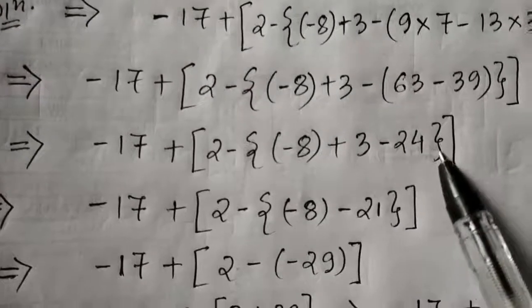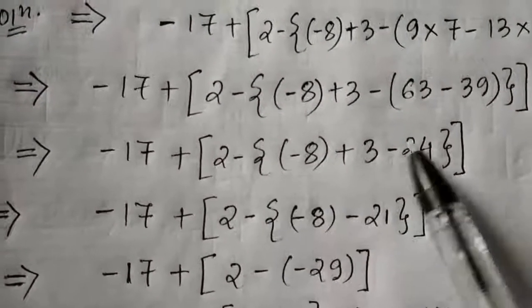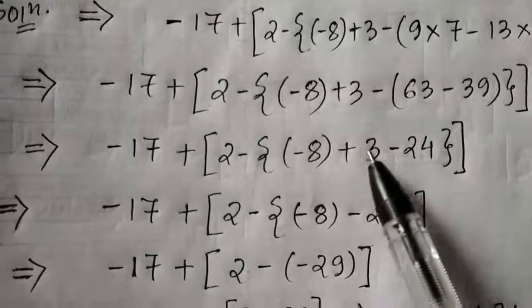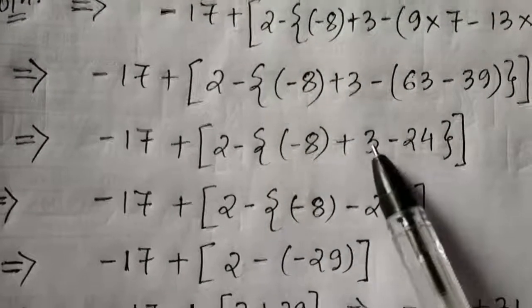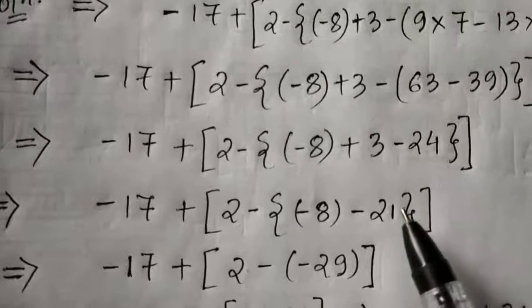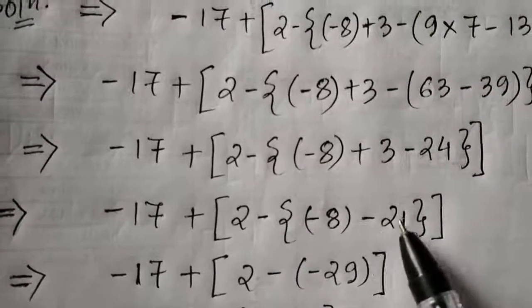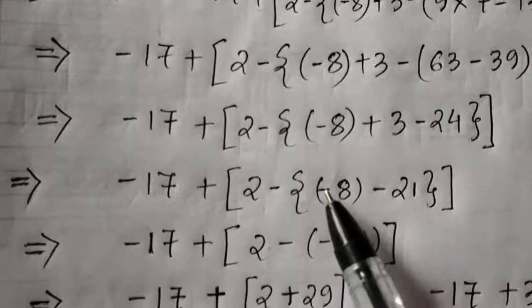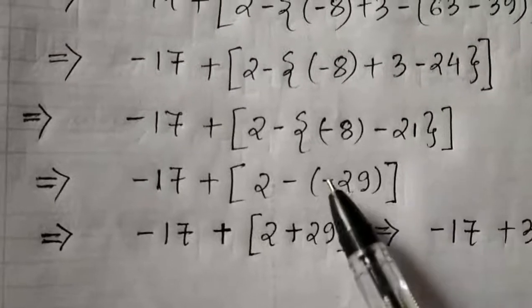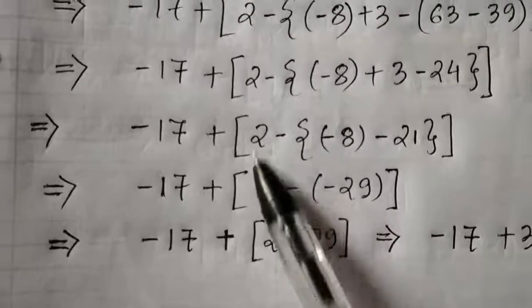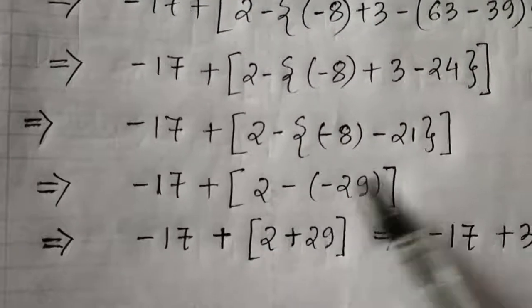Now we will solve this curly bracket. In the curly bracket, 3 integers are given, so first we will solve these 2 integers. So 3 minus 24 is minus 21, and then minus 8 minus 21 is minus 29, and this minus is outside.